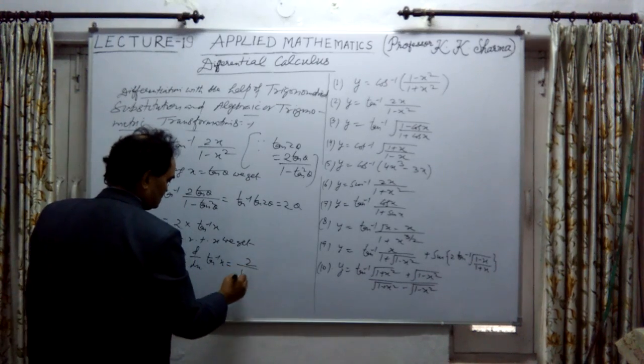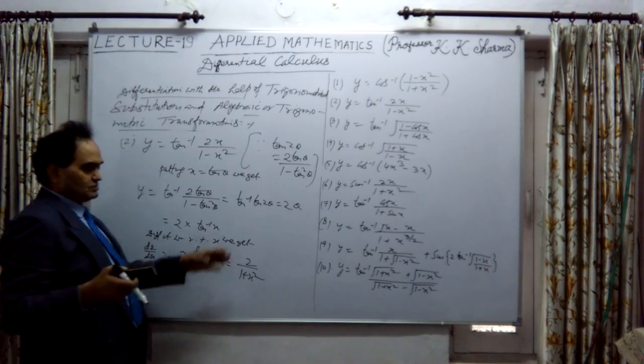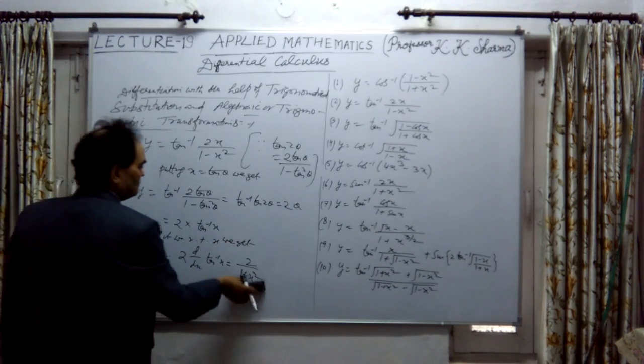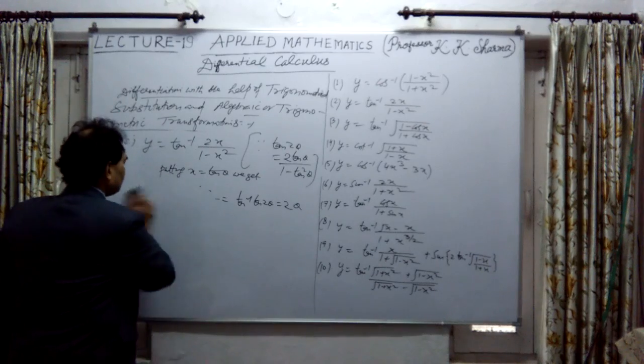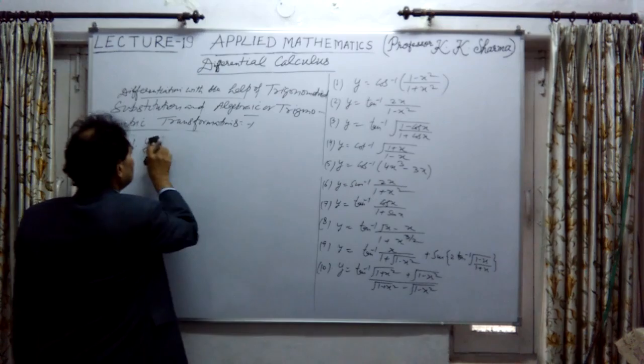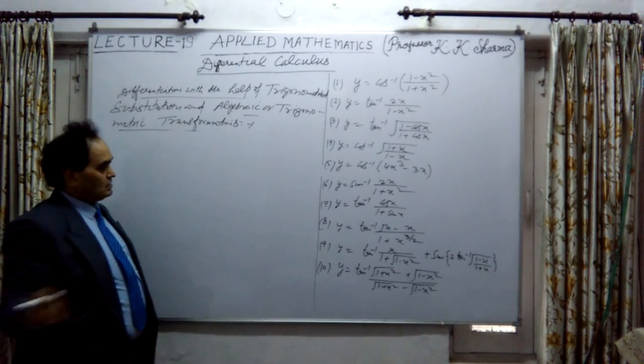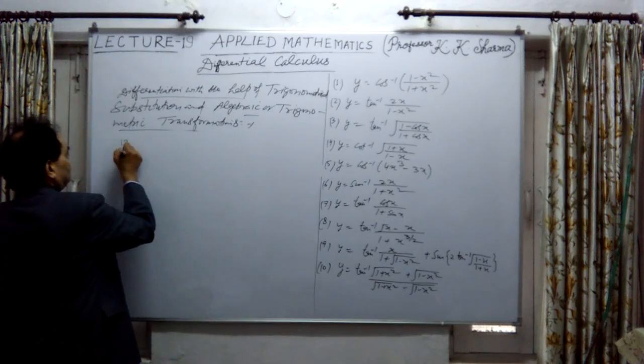The differentiation of tan inverse x is 1 upon 1 plus x square, so this is 2 upon 1 plus x square. This is the second differentiation. This is how we substitute. Substitution makes the differentiation easier.